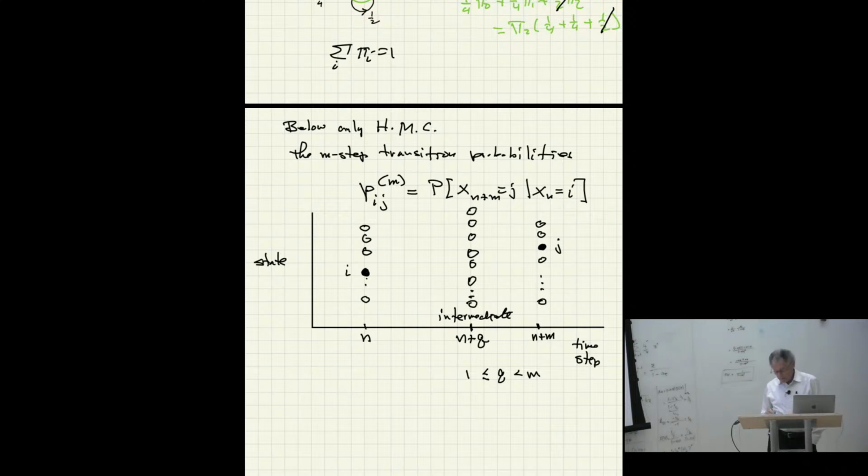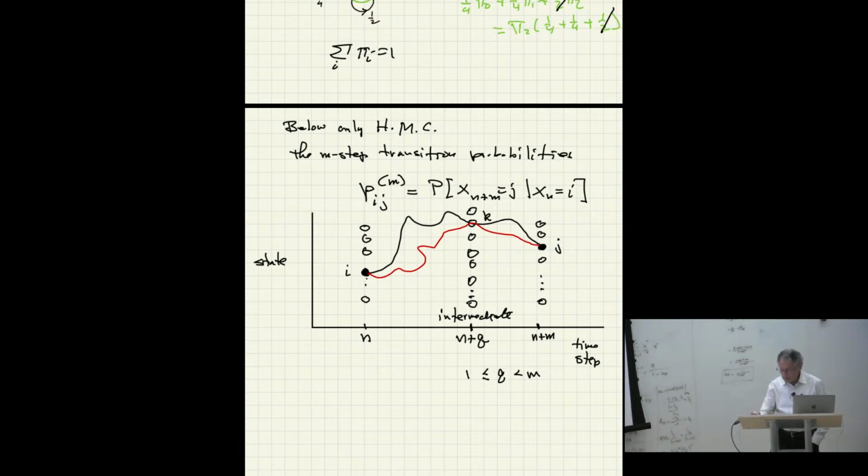If I'm going to go from i to j, I have to pass through some intermediate state at some time. So let's look at a bunch of paths here. For example, I could have taken that path, in which case I passed through state k, say, at time n plus q. Or I could have taken a red path, maybe a different way, but also passing through k.